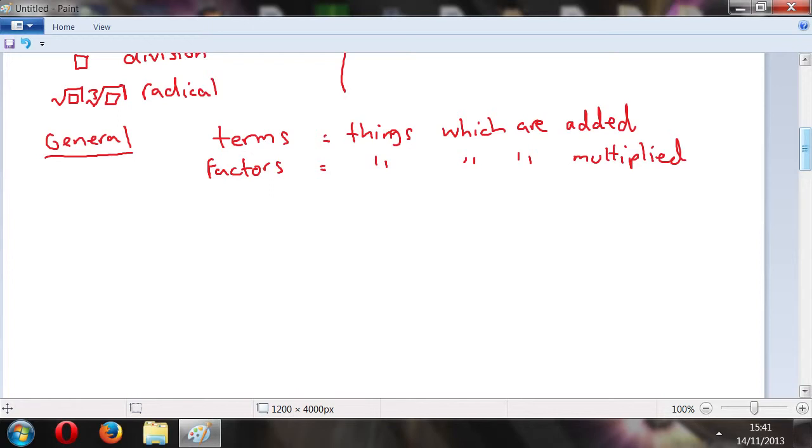And of course, the classic sign, the equal sign. And that can be equivalent to as well. You can also do approximately equal to.